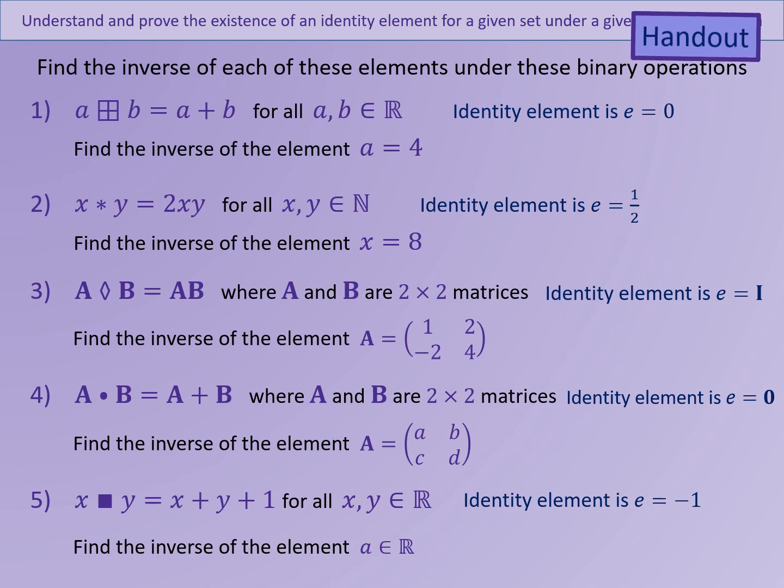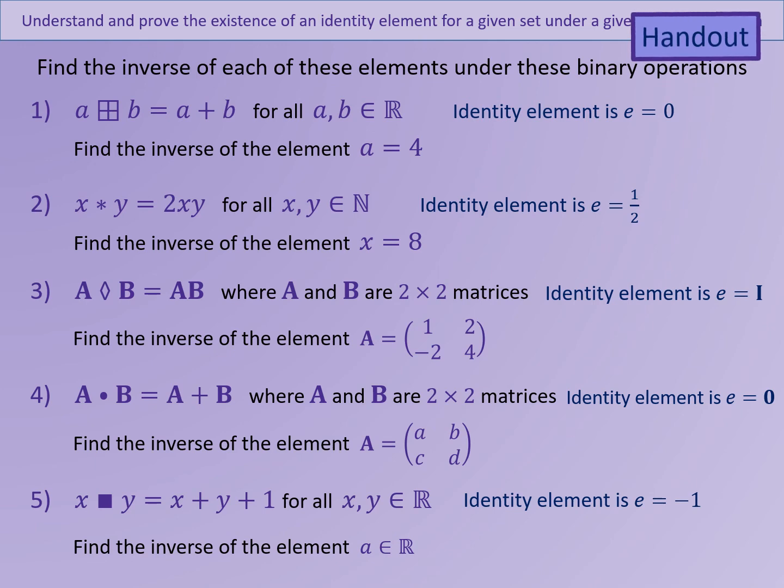For each of the following binary operations, the identity element has already been given. Find the inverse of the element given in each question. So for question 1, the identity element has been given as 0.